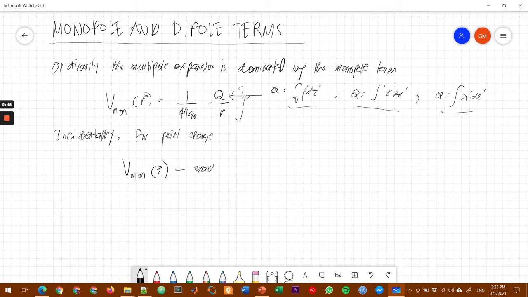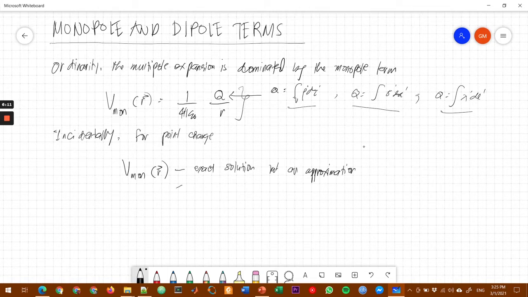Okay? Not an approximation. This is only for a point charge. But for a charge distribution, of course, this would be an approximation. Okay? I-approximate mo siya ang charge distribution into a monopole term lang.